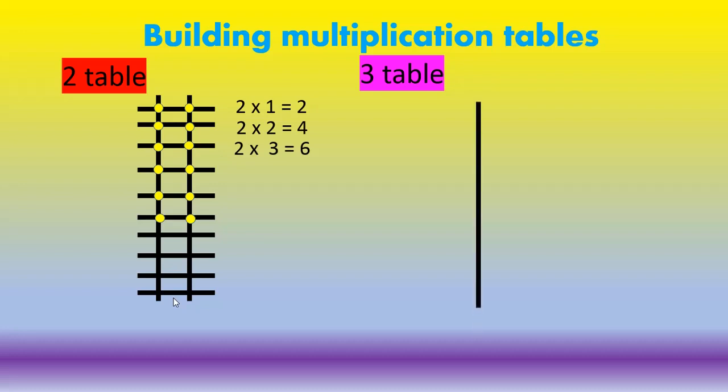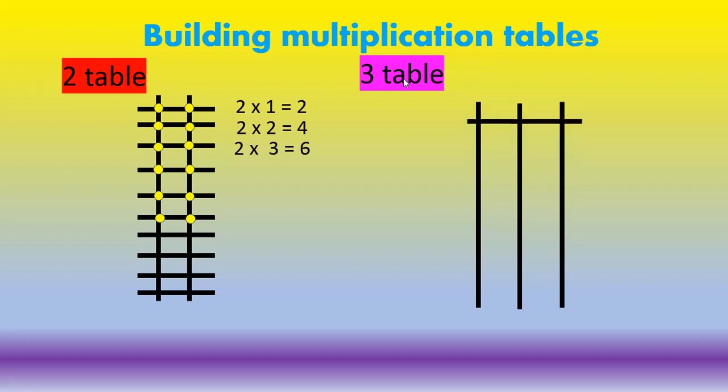Next, the three table. Here we have drawn two horizontal lines to build the two table. Now we are going to build the three table. So we have to draw three vertical lines. So 3. Now 1 horizontal line.